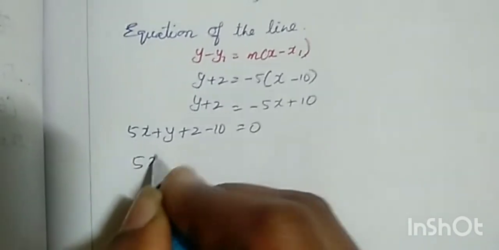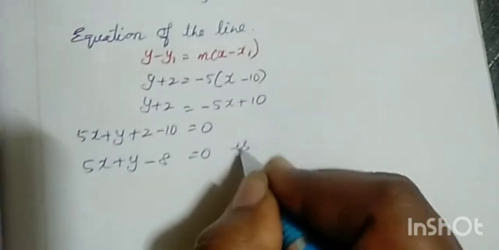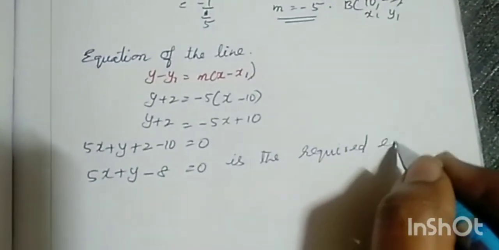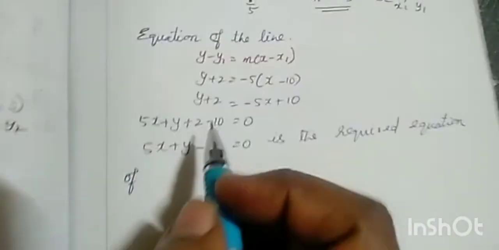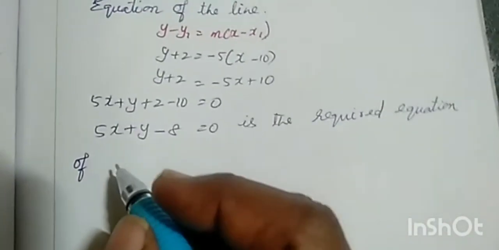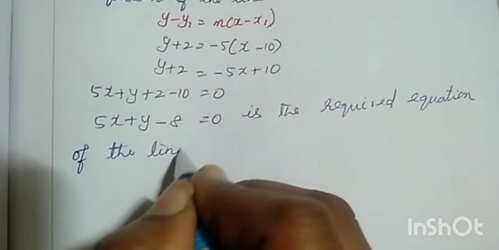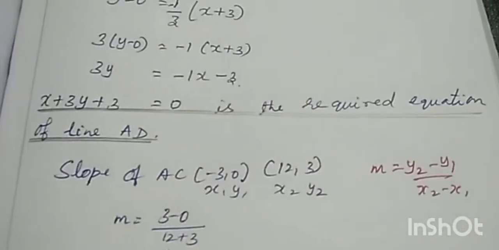Now simplify: 5x plus y minus 8 is equal to 0 is the required equation of the line. This comes as a 5-mark question. If you are thorough with the formula and the calculation, you can complete the sum in 5 minutes. With this, sum number 7 is completed. You have to underline both the equations, through A and through vertex B. Clear, children?